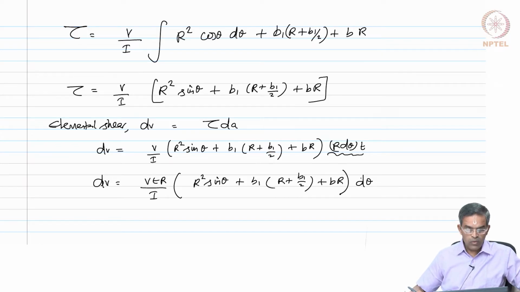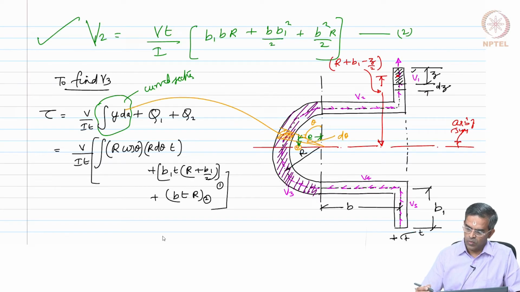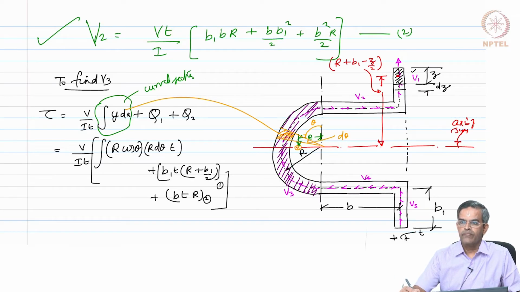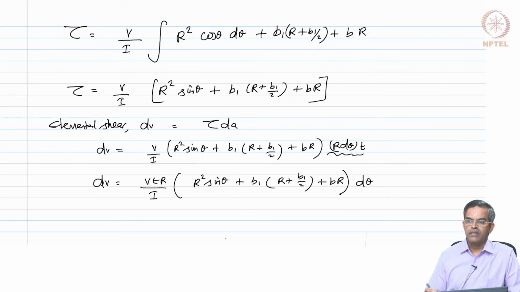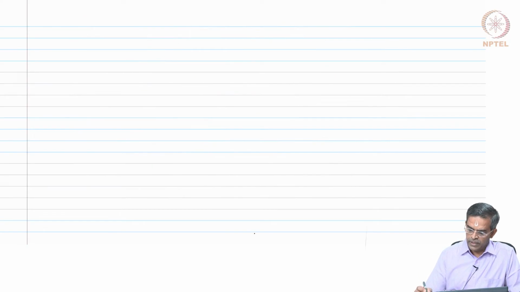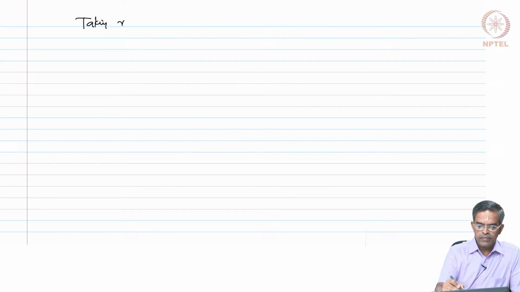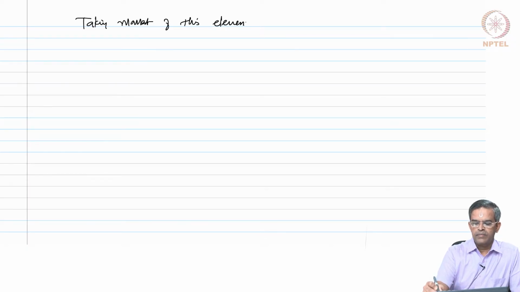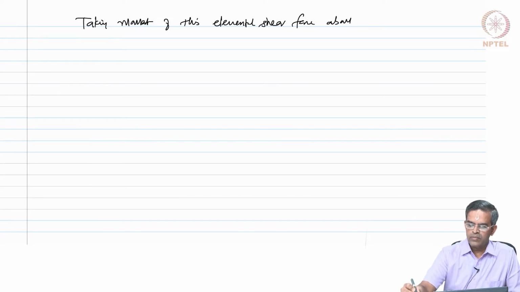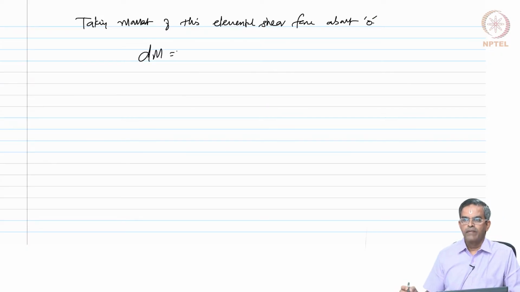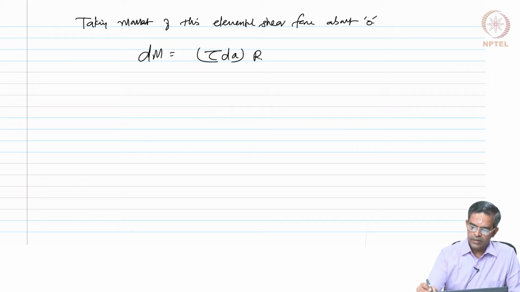Now, we would like to take moment of this force about the point O. This is the point O. Take moment about this point. The force V is acting here. We will take the moment of this particular dV. So, taking moment of this elemental shear about O, we call that as dm, which will be tau dA into r.